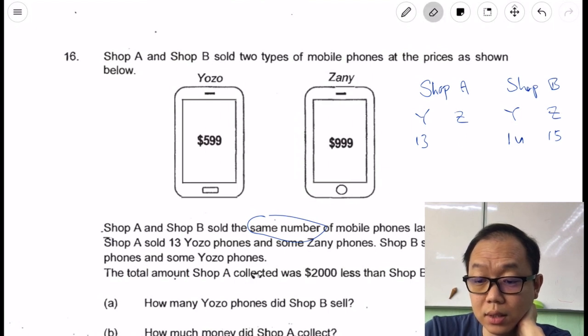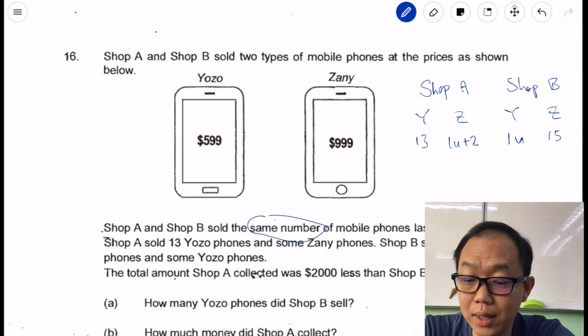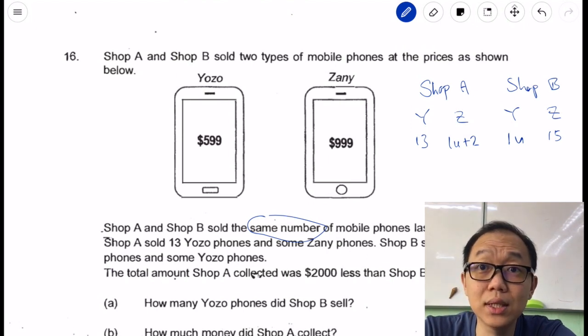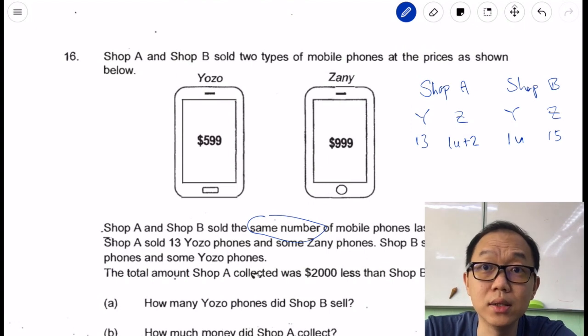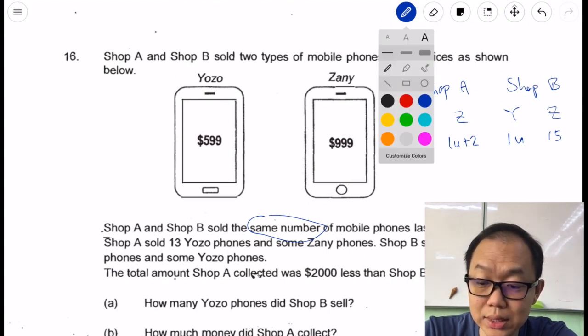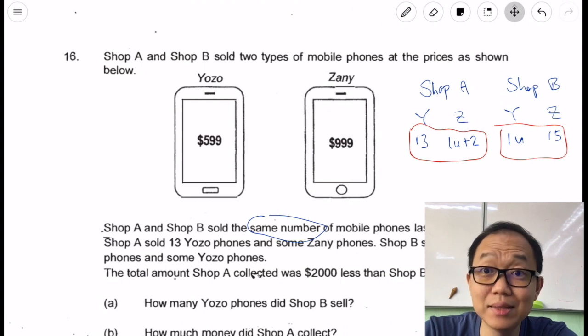For shop A, the number of Z sold will be 1 unit plus 2. Why? Because the total must be the same. That means it has to be 15 plus 1 unit. The total number of phones sold has to be 15 plus 1 unit.